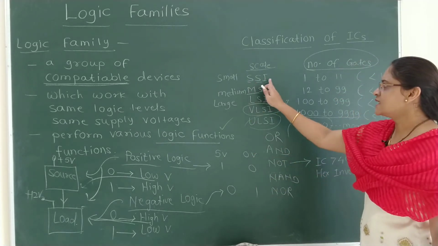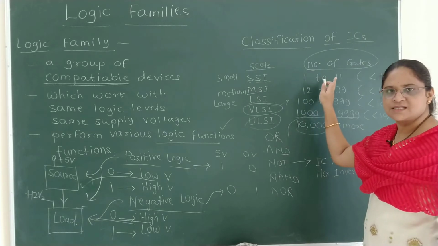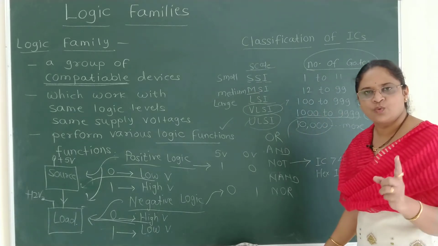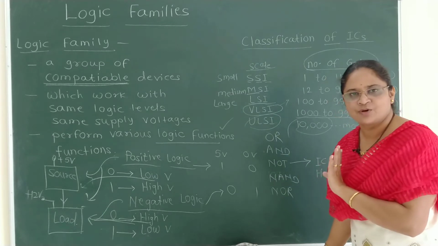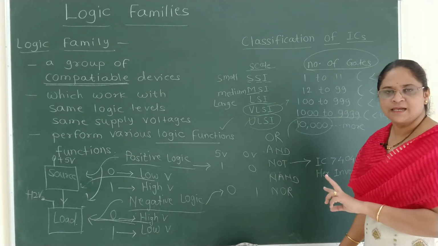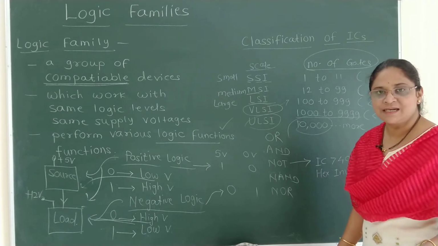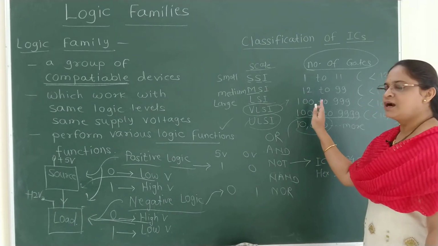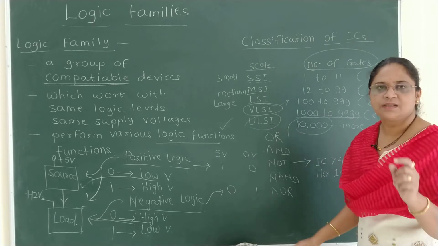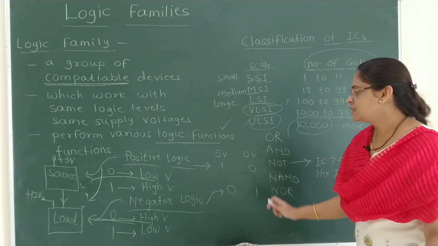Here it shows SSI, small scale integration IC, which includes 1 to a maximum of 11 gates. If 12 to 99 gates are there, then it is medium scale integration. For large scale integration, more than 100 and less than 1000 gates can be used.